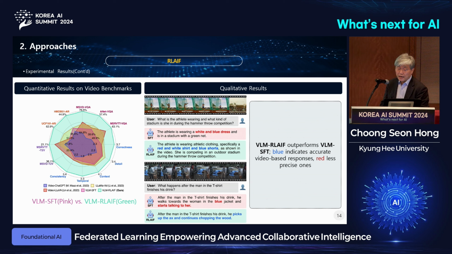On the left-hand side, the chart compares the performance of the VRM SFT in pink and VRM RLAIF in green across metrics such as correctness, consistency, and temporal alignment and context.